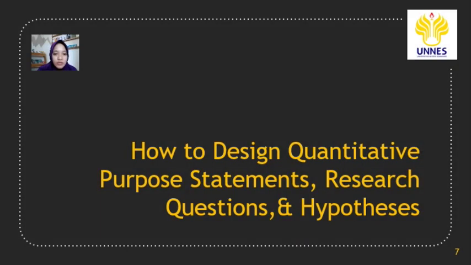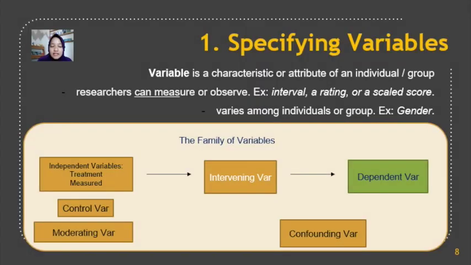Now it's time for me to explain how to design quantitative purpose statements, research questions, and hypotheses. The first is we have to specify the variables. A variable is a characteristic or attribute of an individual or an organization that researchers can measure or observe, and it varies among the individuals or organizations studied.